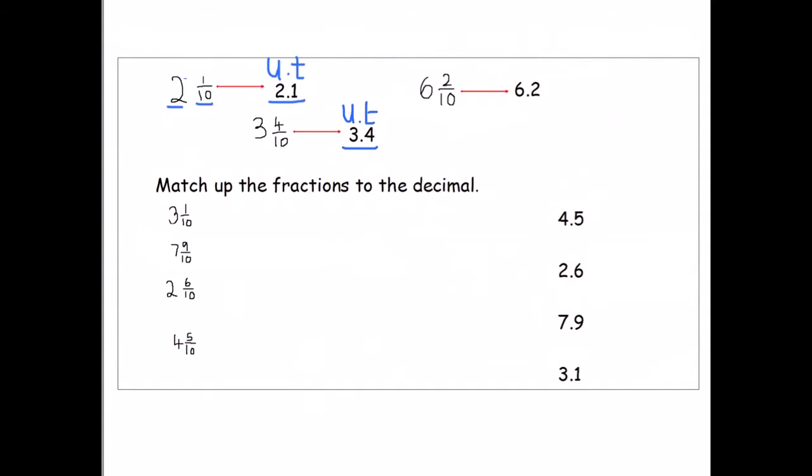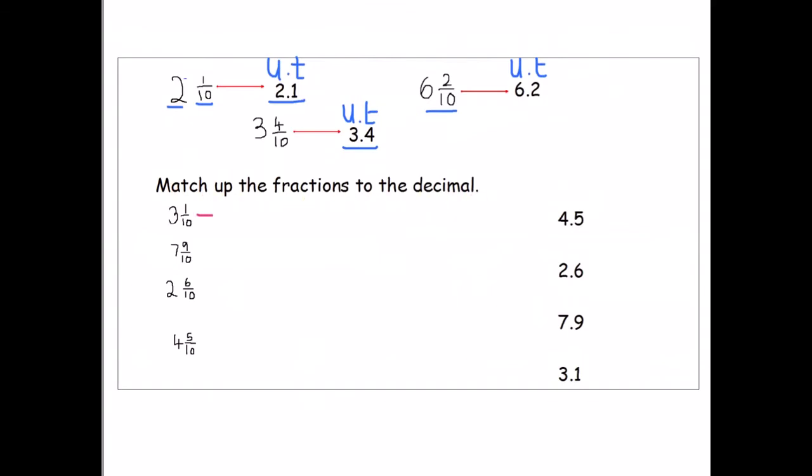And my last example, I've got 6 and 2/10. So 6 in my units because it's 6 whole numbers, and then my tenths is 2. So I've got 2 in the tenths column. Let's try and match up then the fractions to the decimals below.